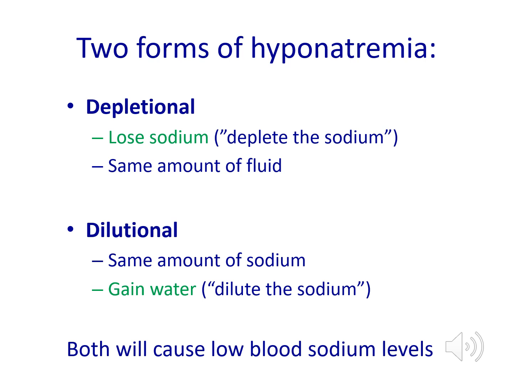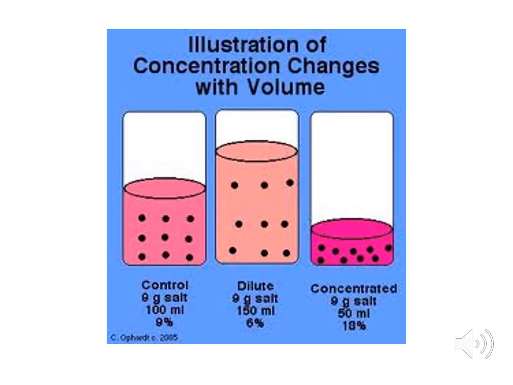Both types are going to cause low blood sodium levels. Interestingly enough, dilutional hyponatremia is the more common type, and it is what happens when you retain water. Sometimes we refer to dilutional hyponatremia as water intoxication. Have you ever heard that term?